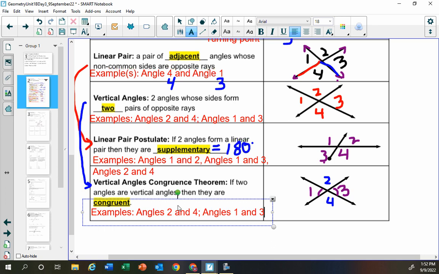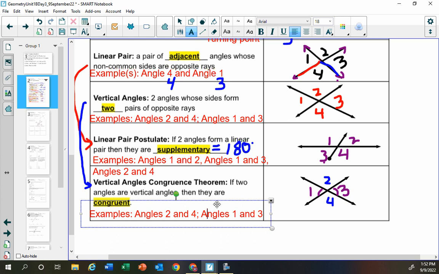Same thing. 2 and 4, 1 and 3. So far, any questions? All right.